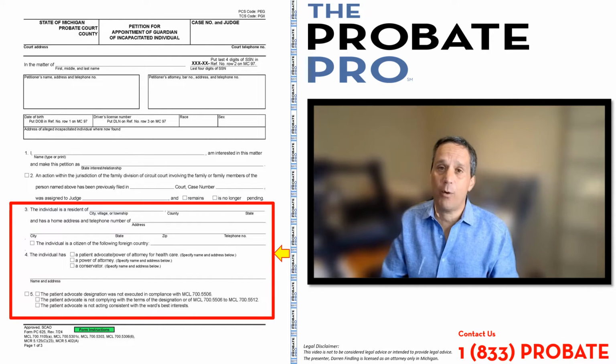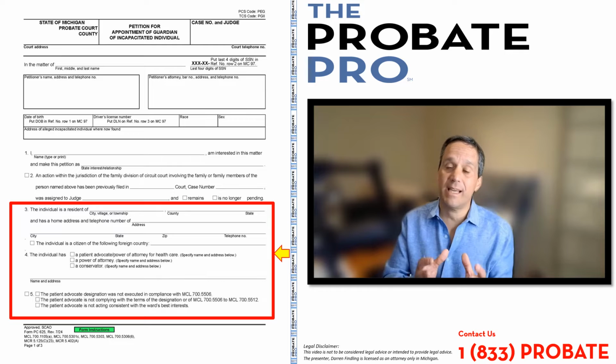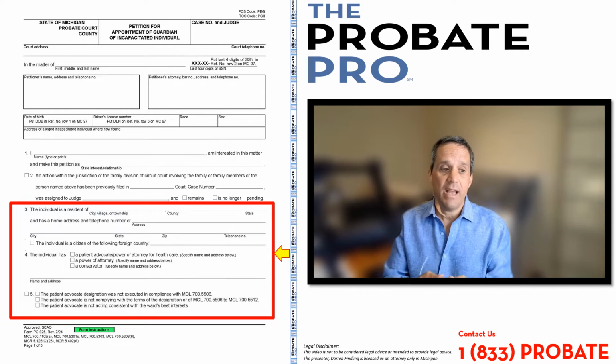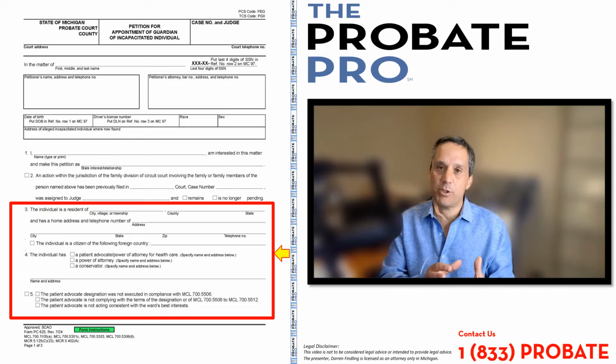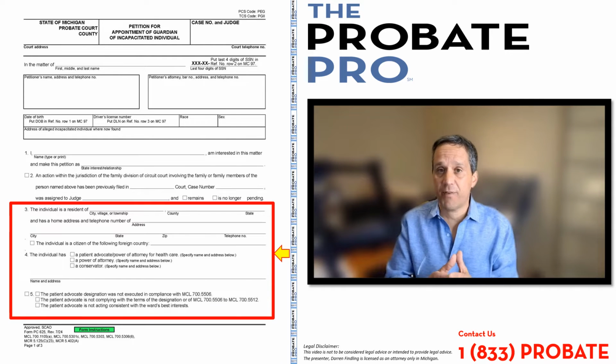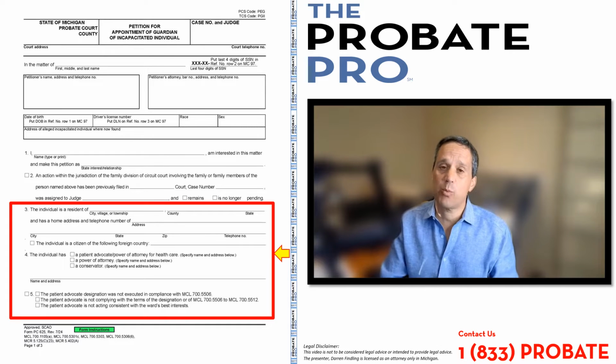Again, further down, this is an identification if there's any estate planning documents currently in place, a patient advocacy, a power of attorney. If that individual who you're seeking appointment of guardian over already has a patient advocate or power of attorney identified in a document that you're aware of, you should click that box, as well as whether there's a conservatorship in place, and then identify the name of the patient advocate or the conservator or the attorney in fact as set forth in those estate planning documents.